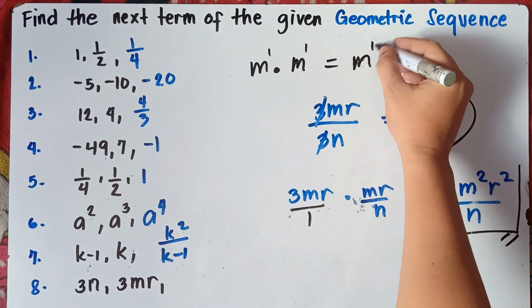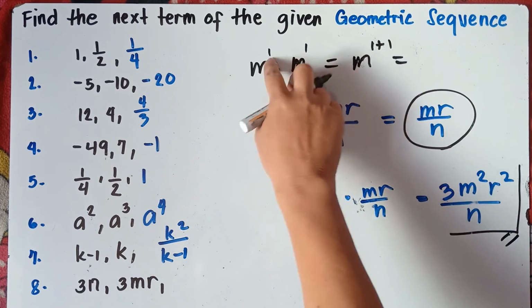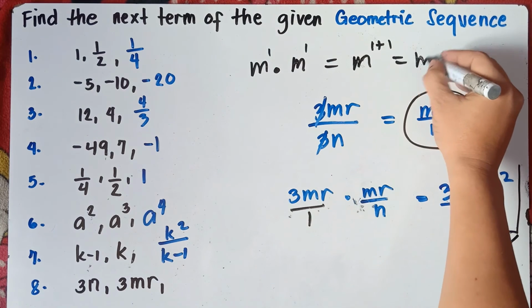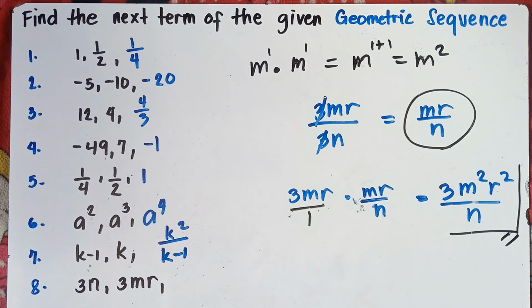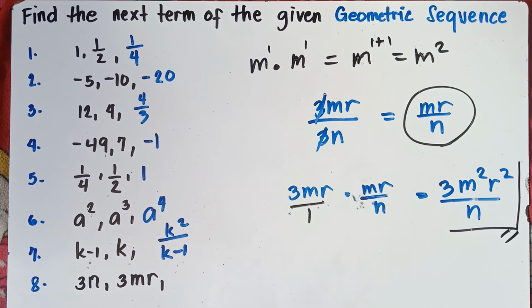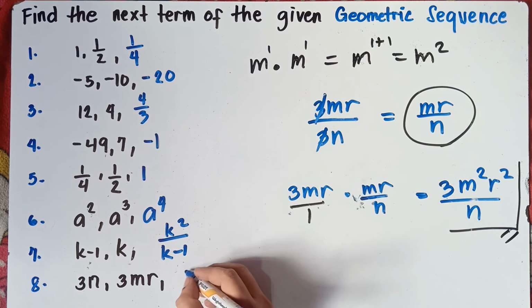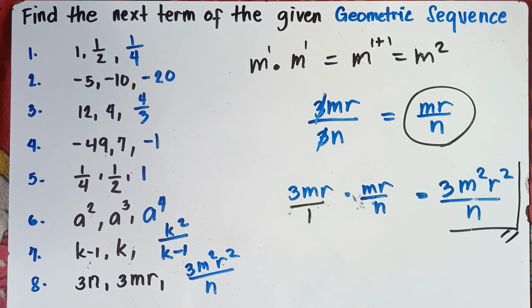And then you add the exponents, 1 plus 1. So that's why we have m squared. So that would be the final answer for number 8. The 3rd term will be 3m squared r squared over n.